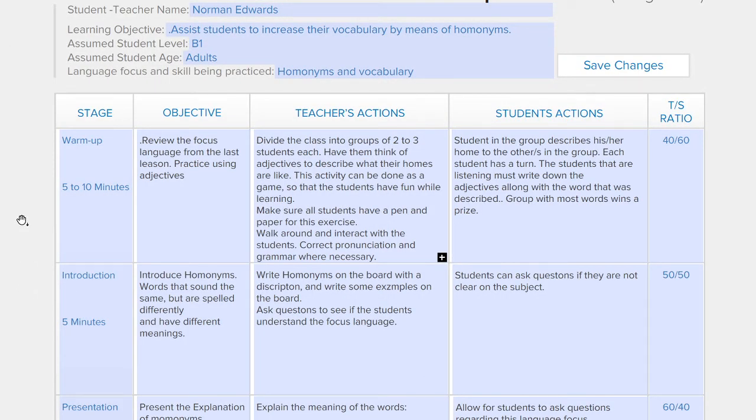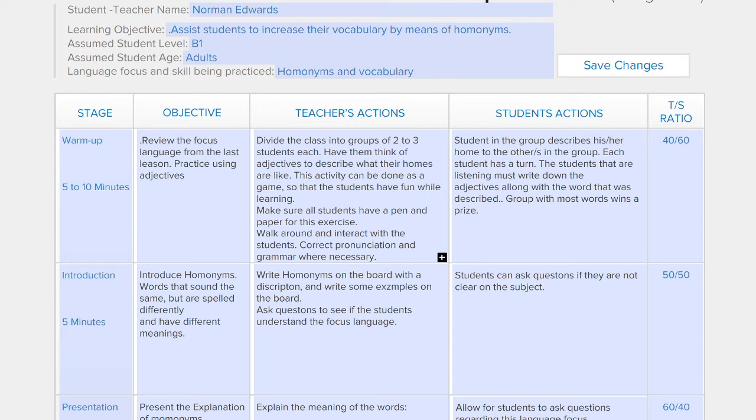A lesson plan has a stage, and then an objective: what are we wanting the student to learn? What is the focus, the grammar that's going to be worked on? And the teacher's actions: what are our roles in this? What will we do? And then the student's actions: what do we want from the student? What are the requirements there?